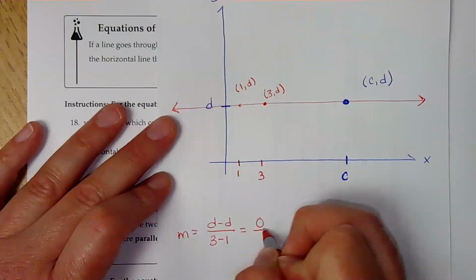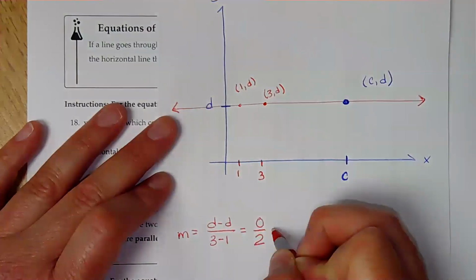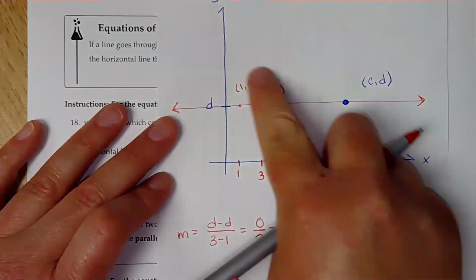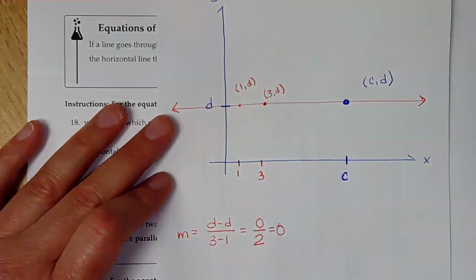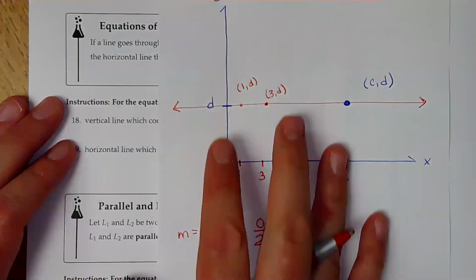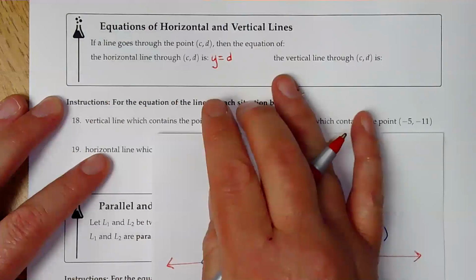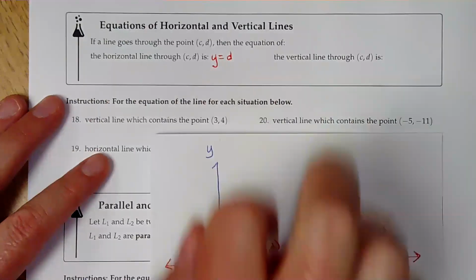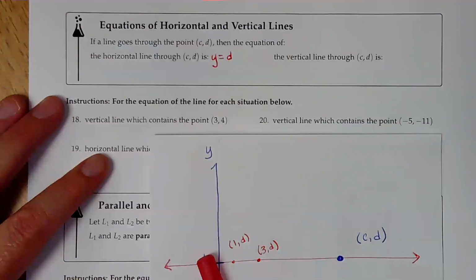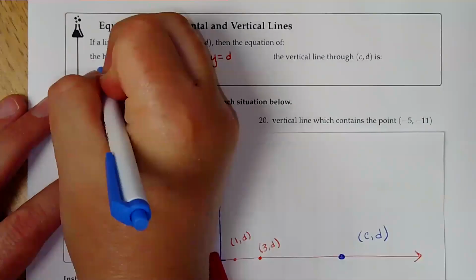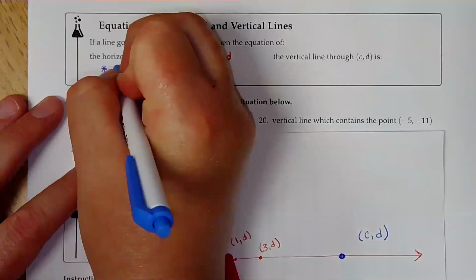So I get 0 over some sort of number. So every time I do this, because those y's never change, I'm always going to get a slope of 0. So a horizontal line has this equation, y equals d. You just pick the y coordinate out of that point. And the thing to note here is that a horizontal line has a slope of 0.